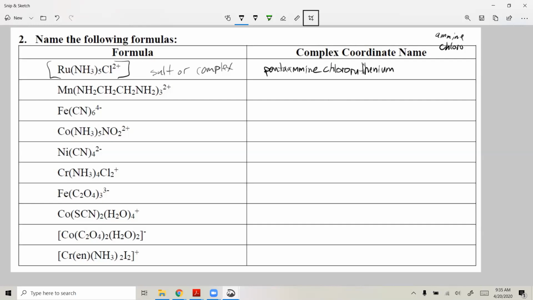And then what should our charge be for our ruthenium? Three plus. It should be 3 plus, the oxidation state, so plus 3. Yep. And so that's what we're looking for with that one, right? It's pentaamine chloro ruthenium(3).